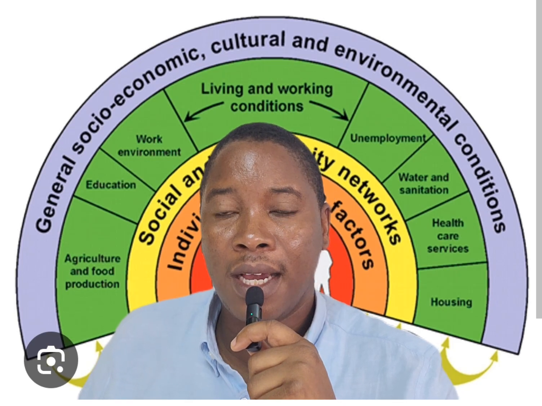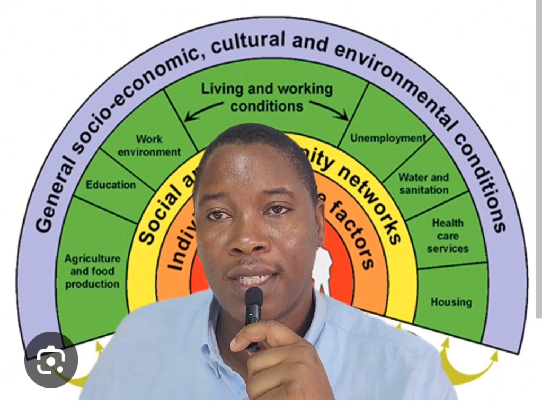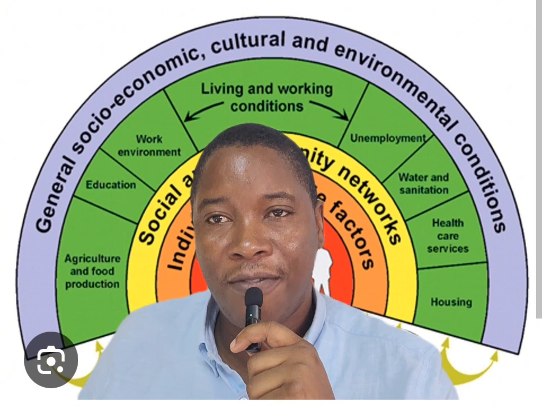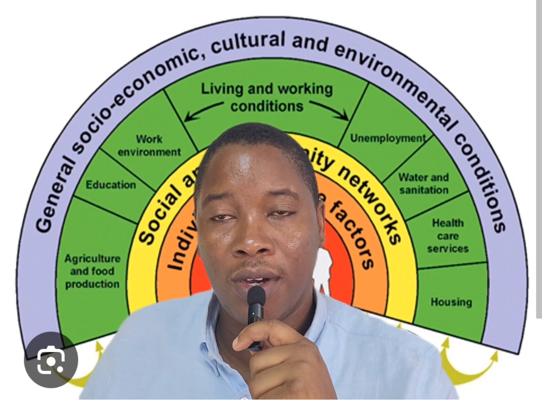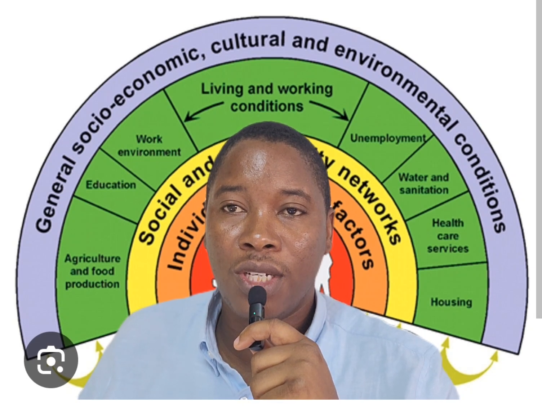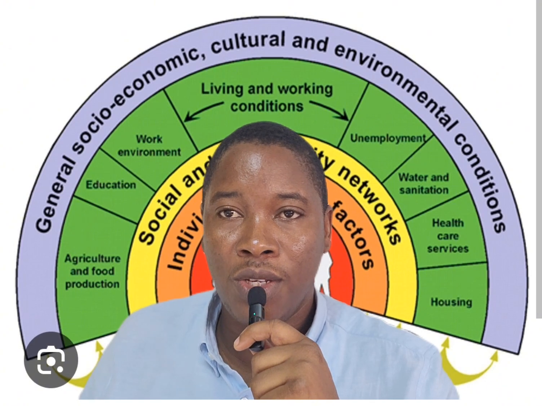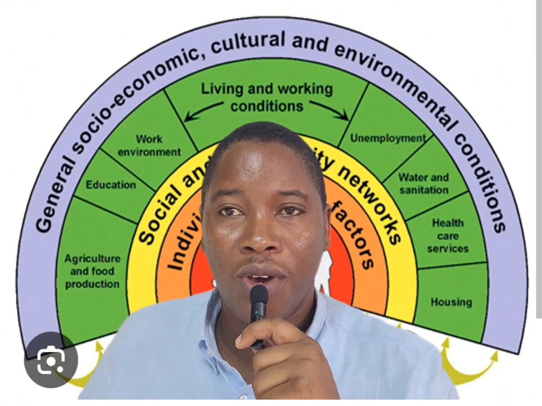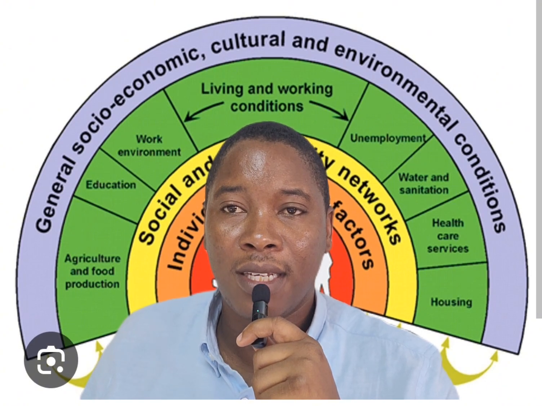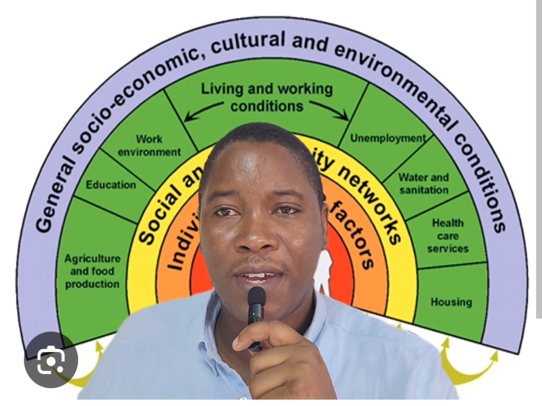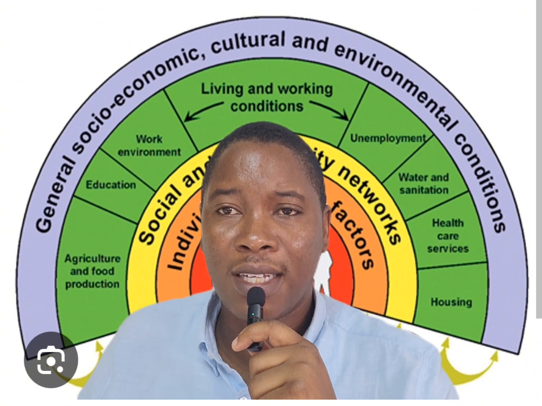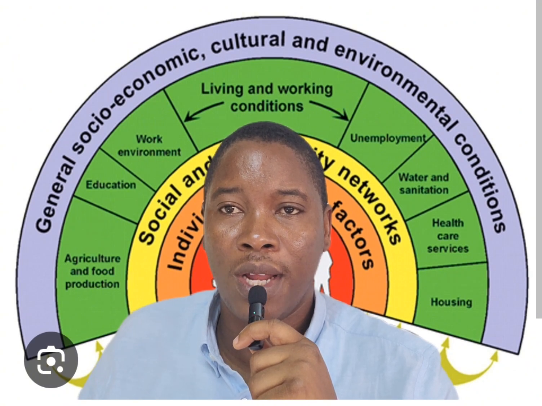Next, we have education access and quality. Now, the kind of education that a person has affects his health in diverse ways. Those with just primary or rudimentary level of education, those with secondary or high school, and those with the university degree and higher degrees. All these things affect our ability to think critically, our ability to understand concepts, and it also affects what we think we should do with our health.